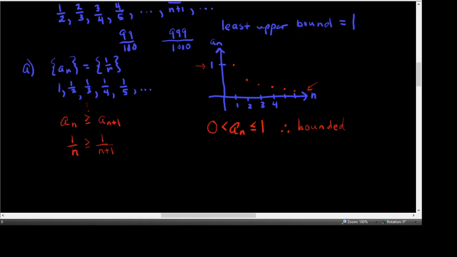And from that, we could conclude that for any two adjacent terms, the one that's later, a sub n plus 1, will be smaller than the one that's before, a sub n. And so this is a strictly decreasing function. So that means it's monotonic.